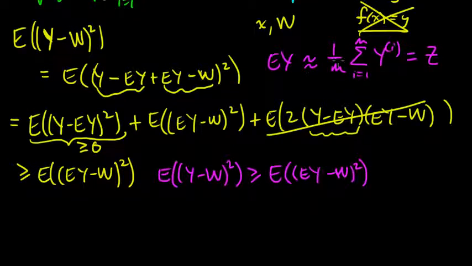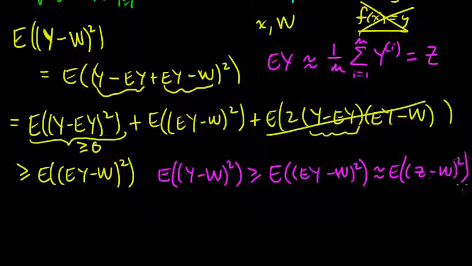So Z approximates the expected value of Y. So this quantity is approximated by Z minus W squared. So this is saying that if we replace Y by its average, then we do better.